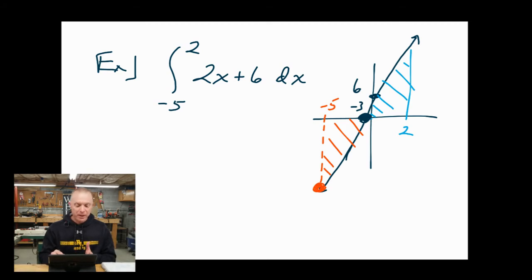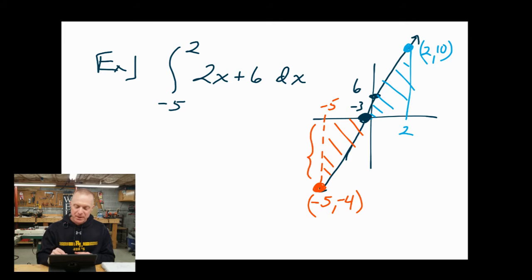All right, you should have been plugging in -5. If you plug -5 into the equation, you get -4. And if you plug in 2, you end up with 10. Those y values are pretty helpful when thinking about the dimensions of your triangle.